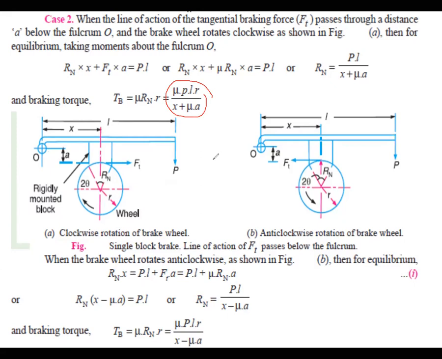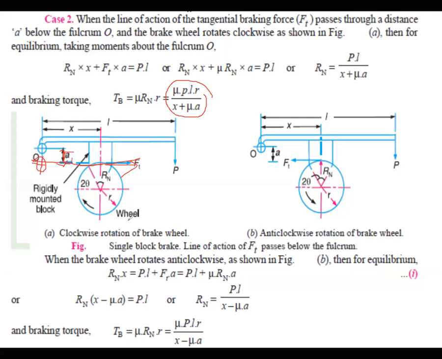But here it is somewhat different, and you can see the difference. Previously the frictional force was passing through the fulcrum. There was a fulcrum here, and the tangential force was passing through this fulcrum. Now the fulcrum is at some distance from this tangential force, upward at a distance.